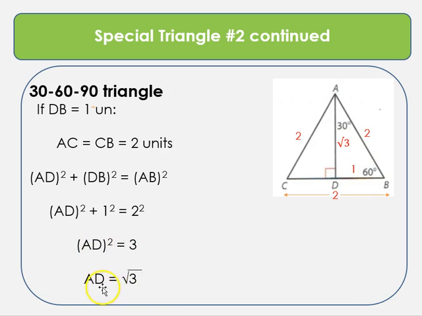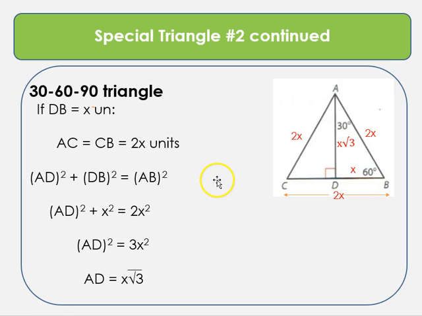AD squared is 3, so AD, the height, will equal square root of 3. And we can also call this altitude, but it's the height of the right triangle.